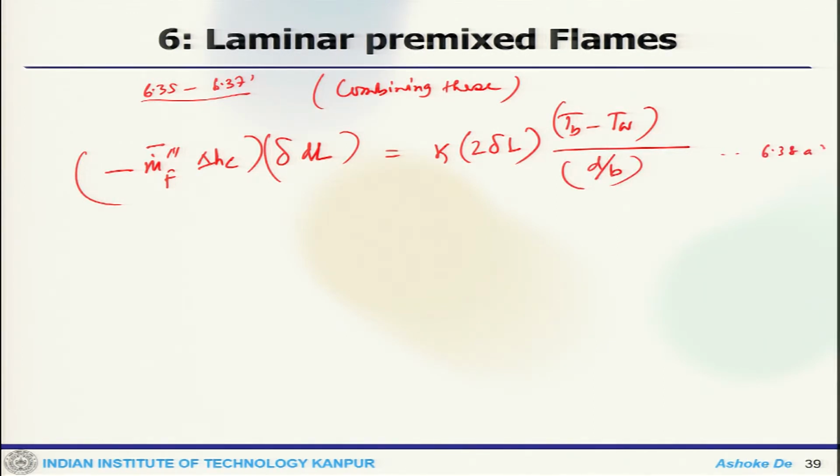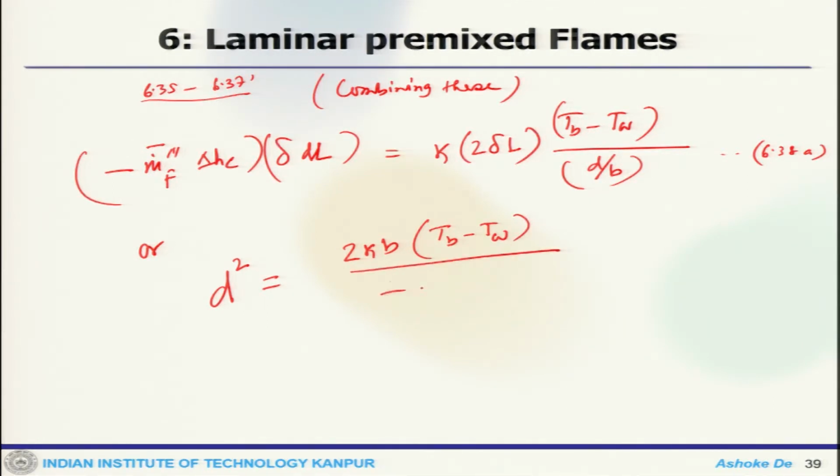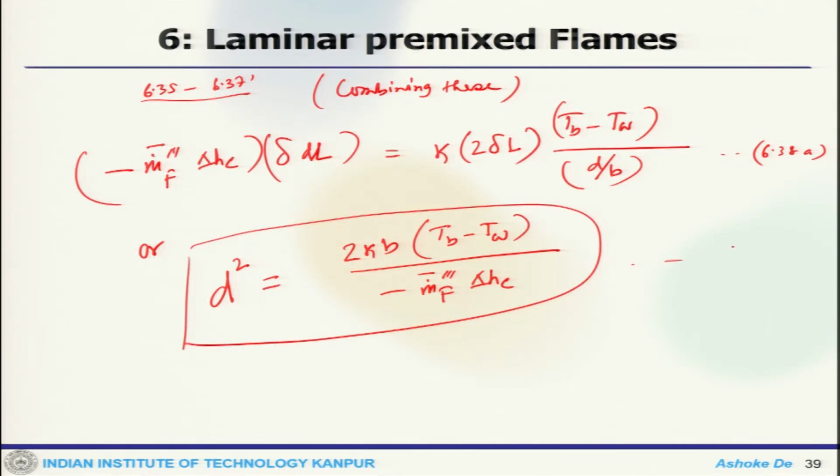So, this is our equation, or one can write d square equals 2 kappa b Tb minus Tw minus delta Hc. So, this is our 6.38 b.